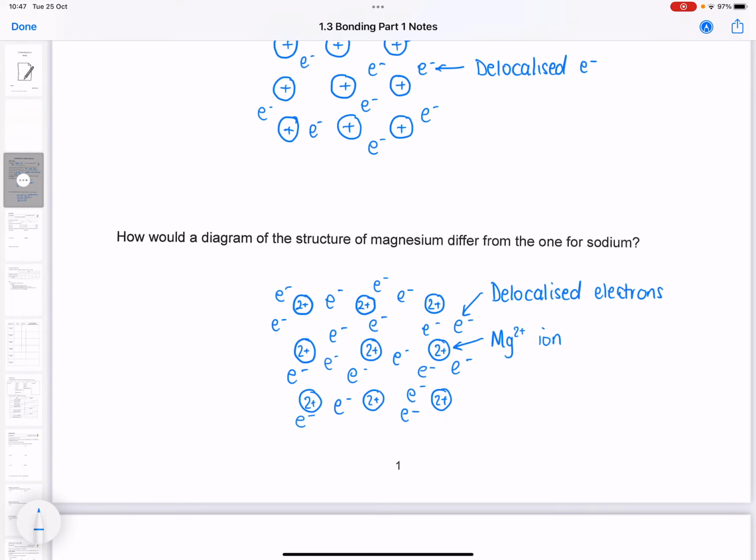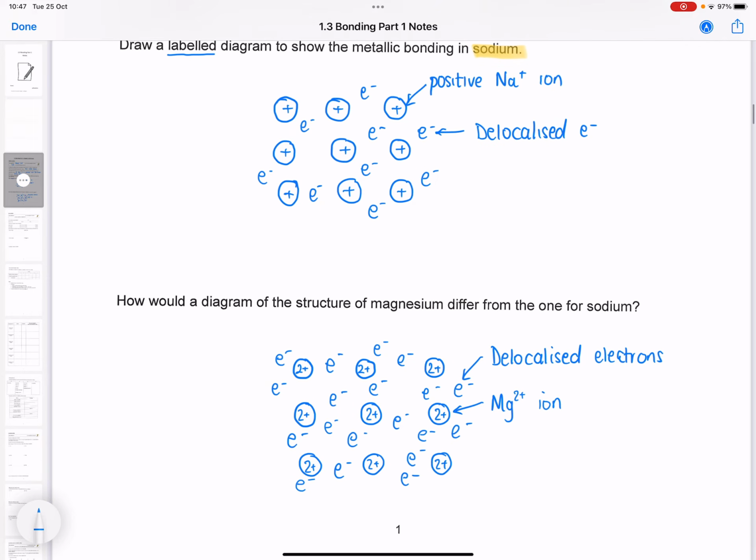Now this particular model for metallic bonding is going to become very useful to us later on when we look at the properties. For example, why do metals conduct electricity? It's to do with this structure. Why can I hammer a metal into a new shape without it fracturing and cracking? It's because of this structure. So this structure is going to become very important in part 2 when we look at the properties that things have based on their structure and bonding.